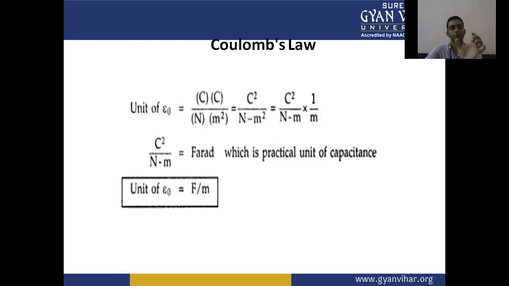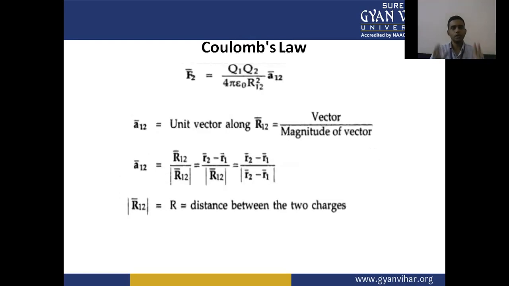So the epsilon is equal to F upon N. The Coulomb's law: the F2 is equal to Q1 Q2 upon 4 pi epsilon naught R12 square A12, where A12 is the unit vector along the direction from 1 to 2, that is the vector upon the magnitude of the vector.